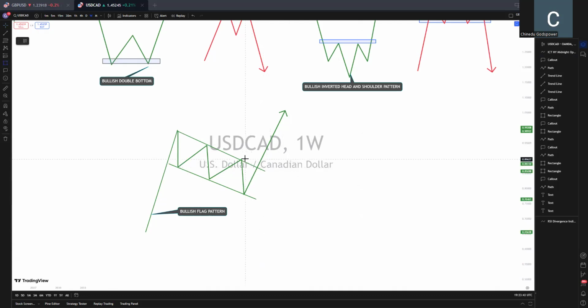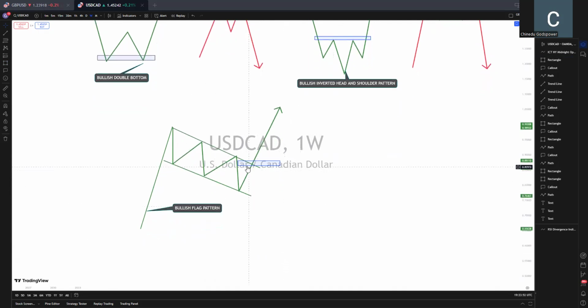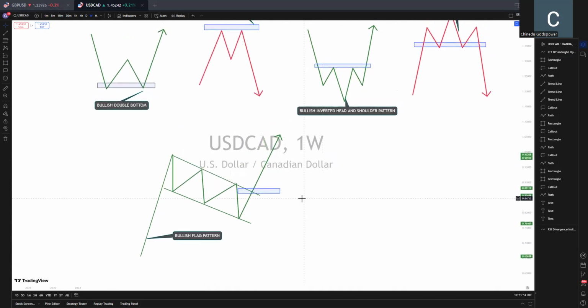It's not a rectangle. I'll explain the reason why this rectangle is on these zones. Understand? Some of them don't really need a rectangle. I'm just going to explain why they're on that particular zone.